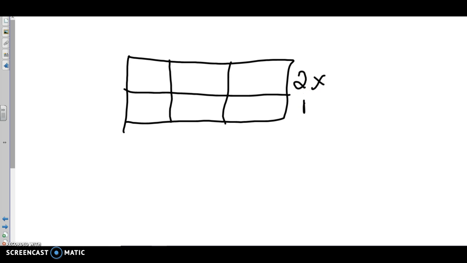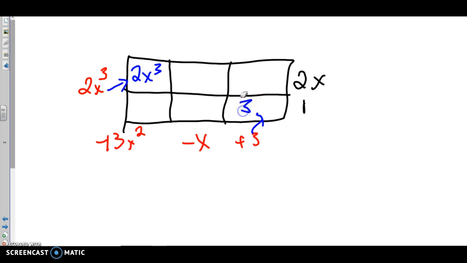I know my final solution is going to be 2x cubed minus 13x squared minus x plus 3. So the ones I know is this has to be 2x cubed, and this has to be 3.